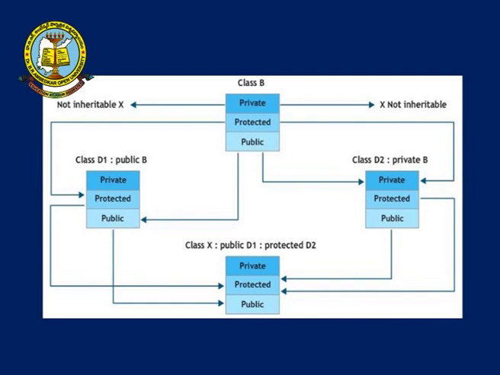See, the class D2 is derived from the class B, but the derivation is a private derivation. And so in this derivation, the public members of the class B will automatically become the private members in the class D2, because it's a private derivation.